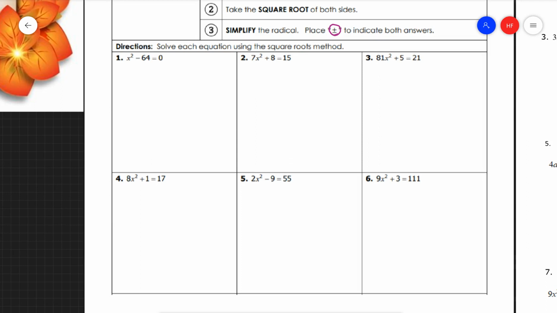So to use the square root method, I'm going to move this 64 to the other side by adding 64. And I get x squared equals 64. I'm going to take the square root of both sides.